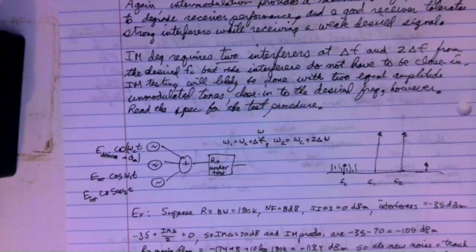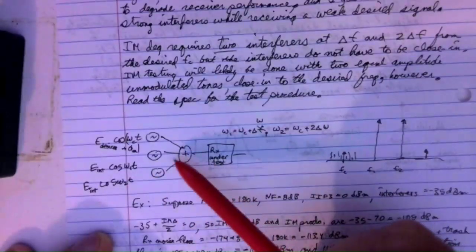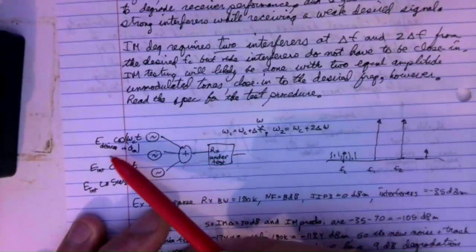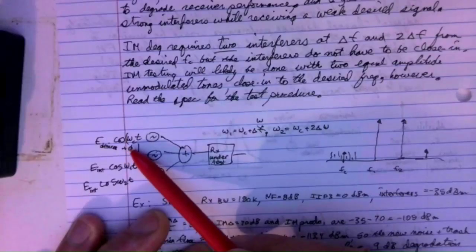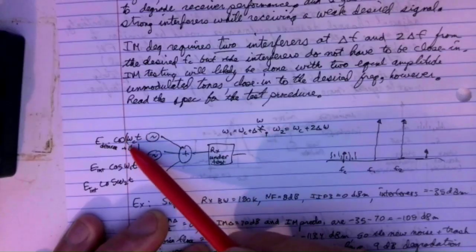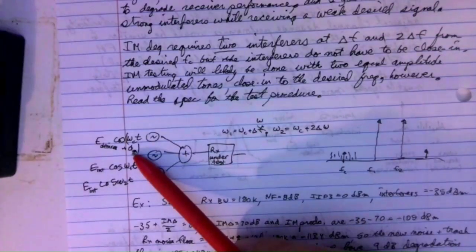So here might be a setup that would be relevant for IM tests. Unfortunately, you have to have 3 signal generators, and so you have some desired signal, cosine of omega c t plus phi m, where phi m is your desired modulation, if it's FM, for instance. Now, for frequency modulation, don't get hung up on the fact that this looks like phase modulation.